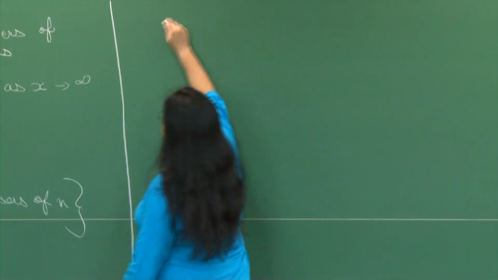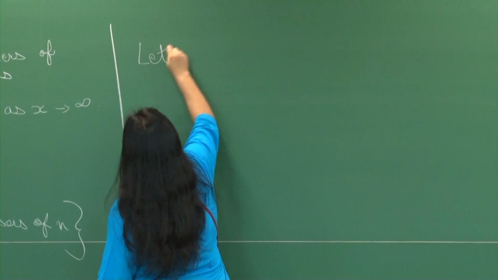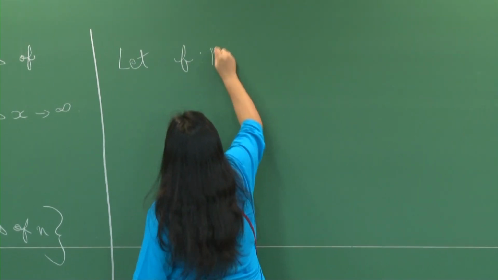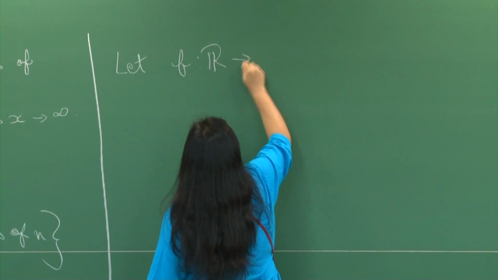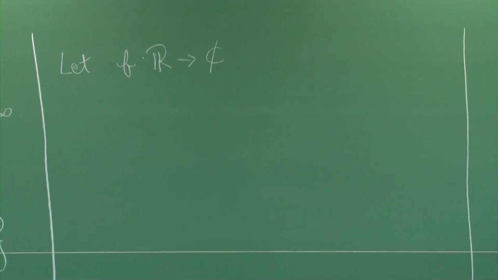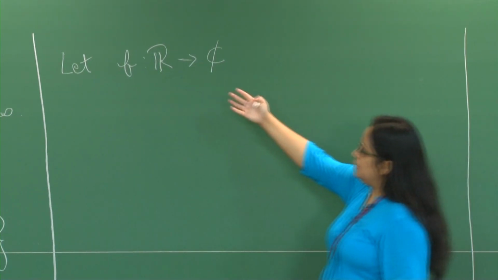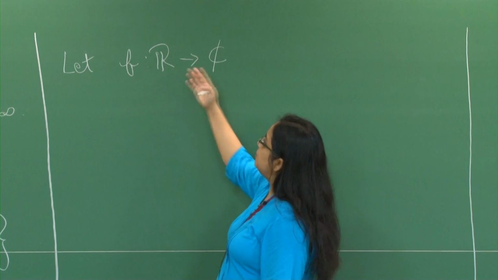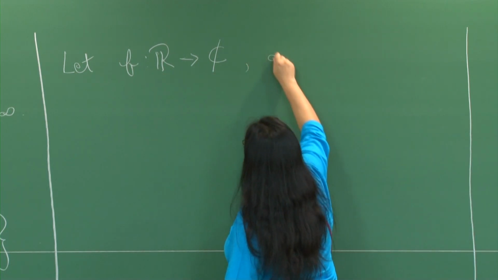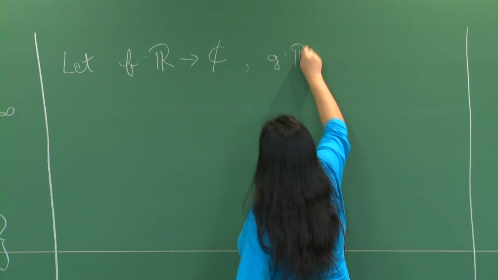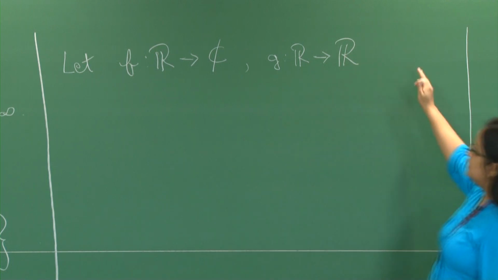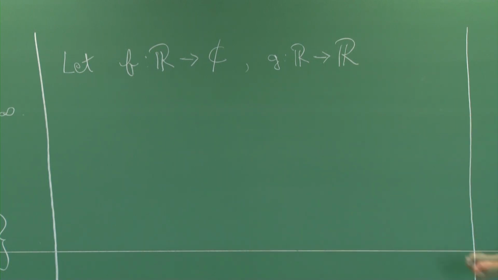So, let us take functions f and g. Let us say f is a function defined on the real numbers, but it could take complex values, and let us take g to be a real valued function which furthermore beyond a certain stage takes only positive values.